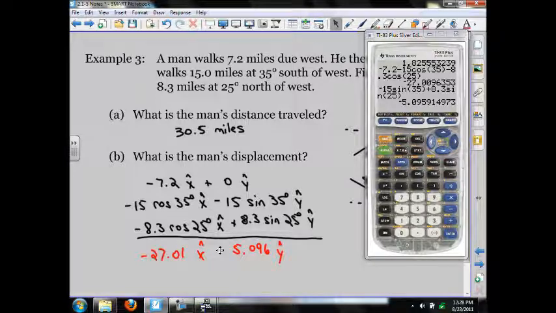And now, just like the last problem, we can use the Pythagorean theorem to get the magnitude of the resultant and the tangent law to get the direction.